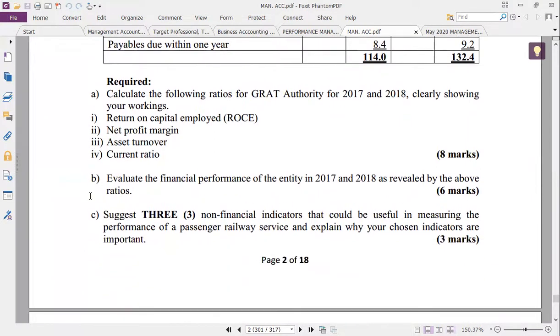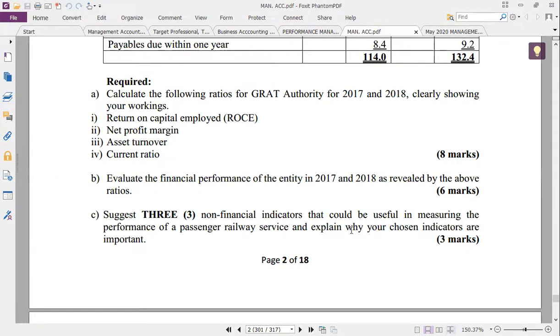So look at the C section. Suggest 3 non-financial indicators that could be useful in measuring the performance of a passenger railway service and explain why your chosen indicators are important. Everything is detailed from the question bank.